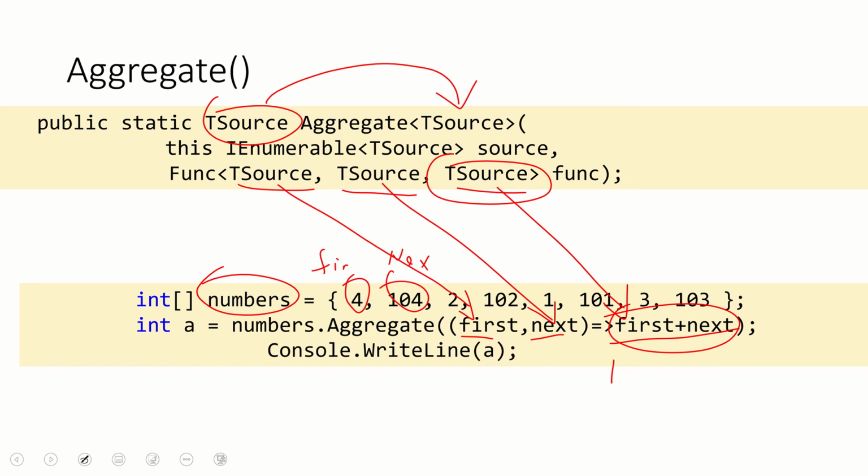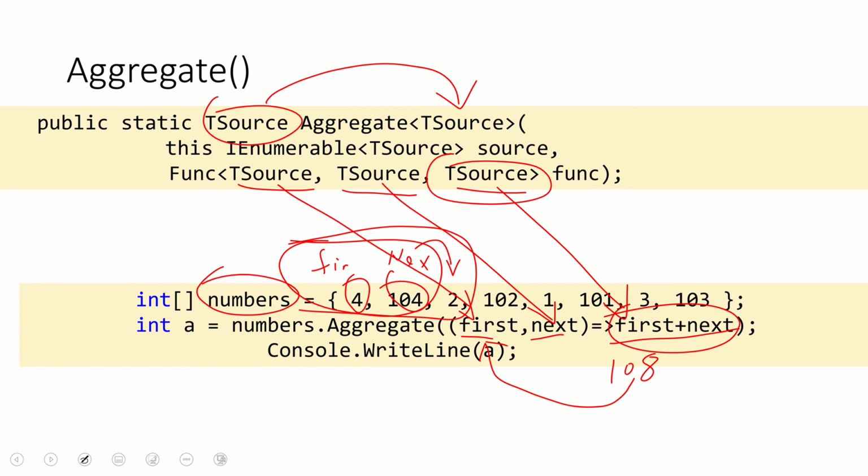That is 108, right? Then this one goes back to first. What does that mean? It will add them together, and move next to here.